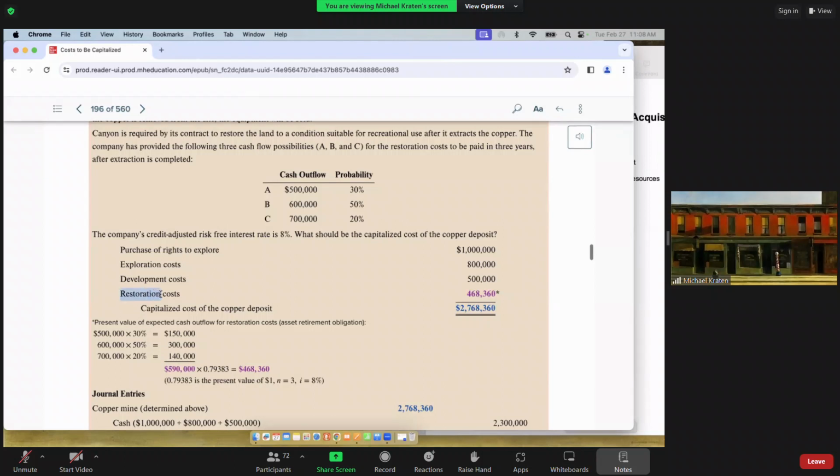Unless you put money aside to restore this land to its original purpose, well, restore the land to what it originally looked like after you're done mining, then if you don't put that cash aside up front, under regulation, I'm not going to let you explore. And so, because the cash needs to be put aside up front, it is a cost of acquiring the asset and getting ready for its use.